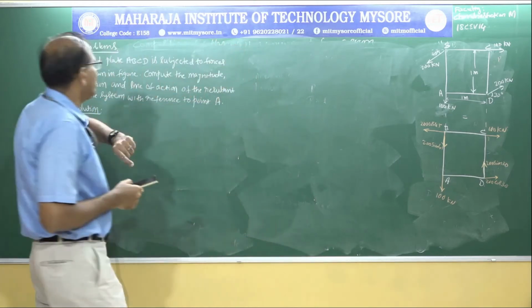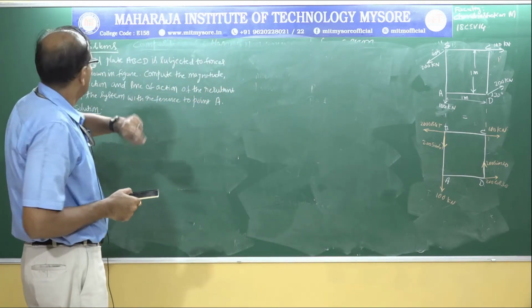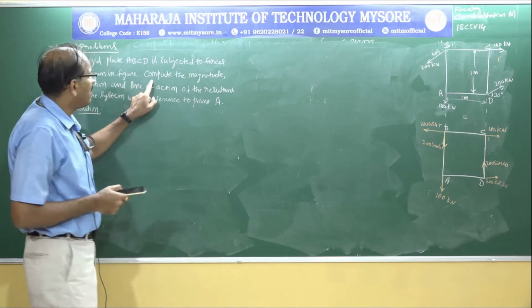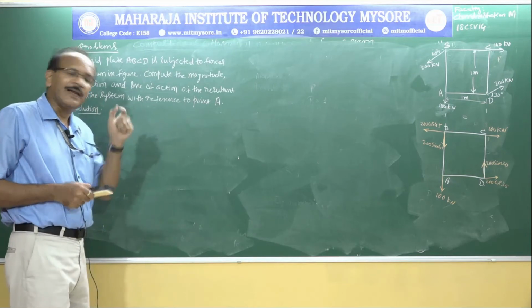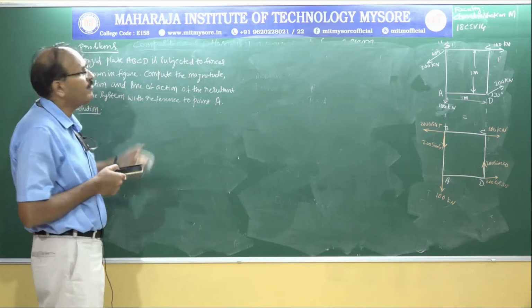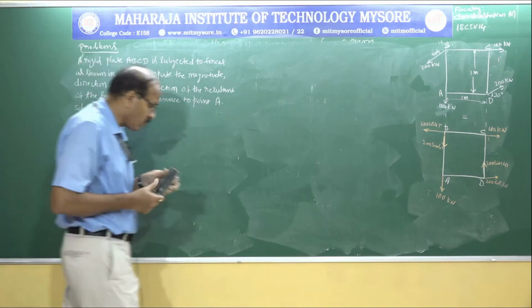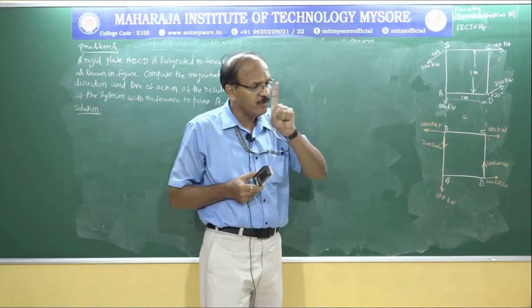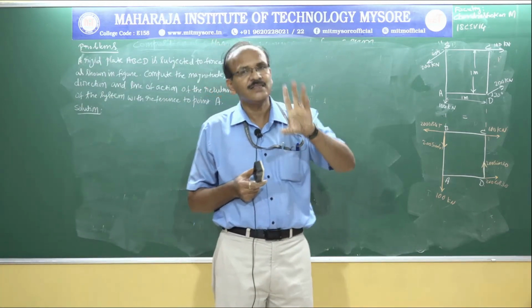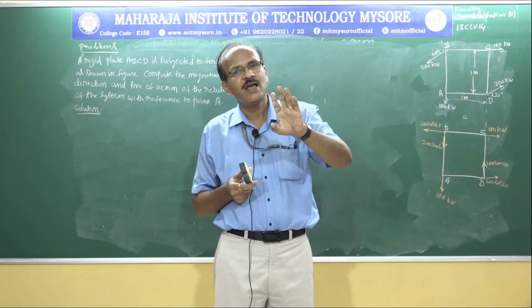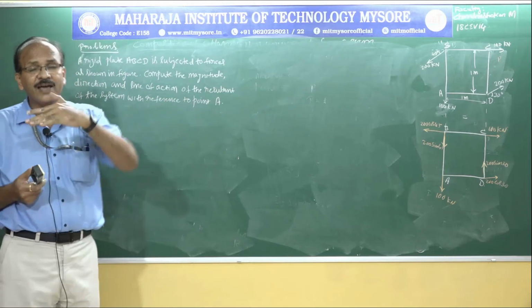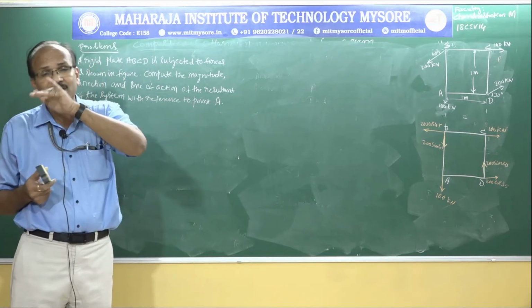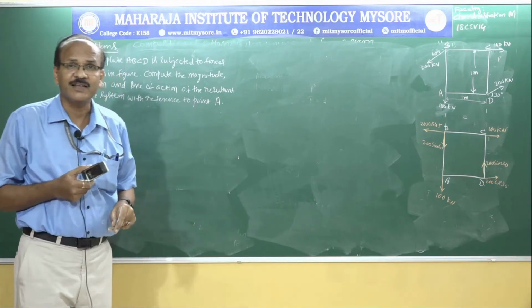To start with, I am going to find out the magnitude and direction. Later on, I am going to find out the line of action of the force. In case of a coplanar concurrent force system, you only calculated the resultant, that is the magnitude of the resultant, and the direction of the resultant. Direction means the angle at which it is acting with respect to a certain reference line.